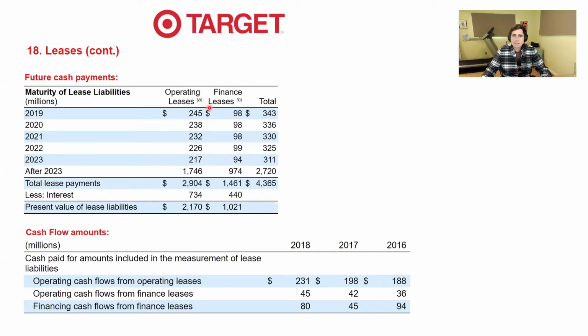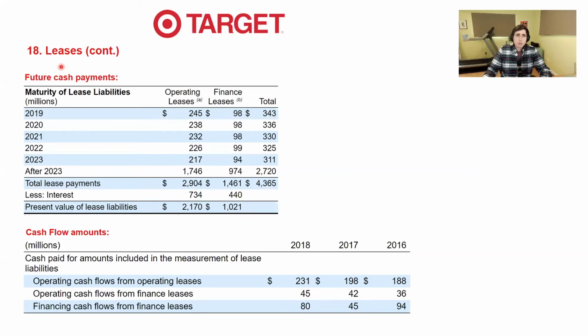For finance leases, this is a bit smaller, isn't it? These numbers are smaller. So they're going to make cash payments of $98 million in 2019, 98 in 2020, 98 in 2021, and so on and so forth, for a total undiscounted lease payments of $1.4 billion. And when you discount those lease payments back to today, the present value of the obligation is $1.021 billion.